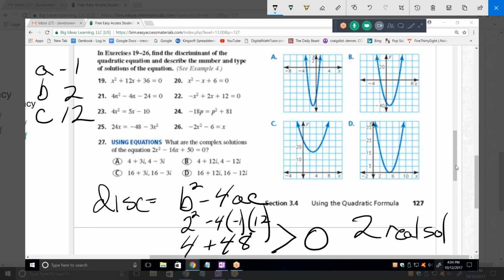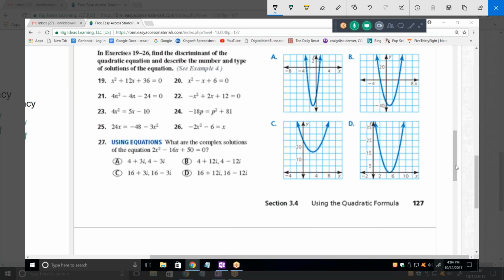Hold on 1 second. All right. So that answers 22. Now let's look at 24. First of all, put it into proper quadratic format, and then we'll know what A, B, and C are.